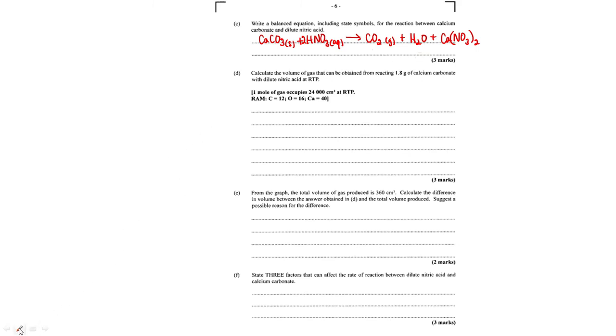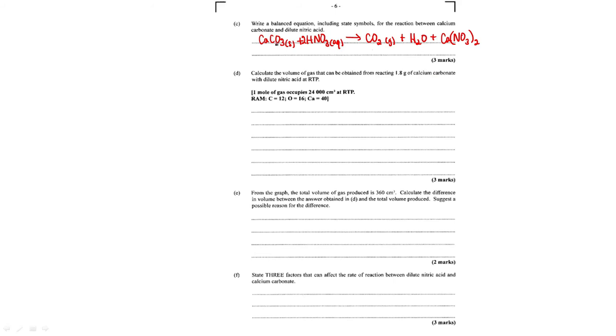Great. Now it says calculate the volume of gas that can be obtained from reacting 1.8 grams of calcium carbonate with dilute nitric acid at RTP.